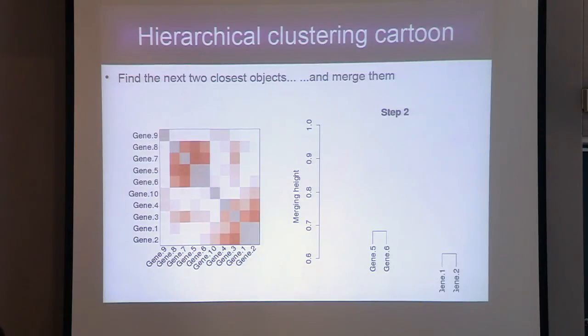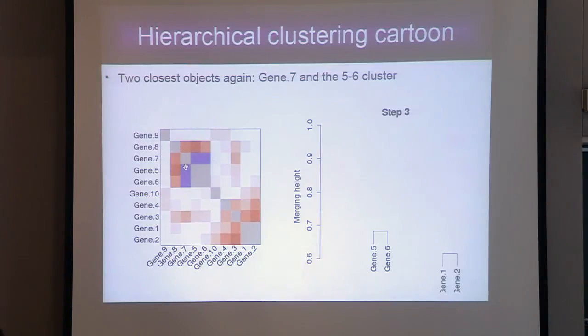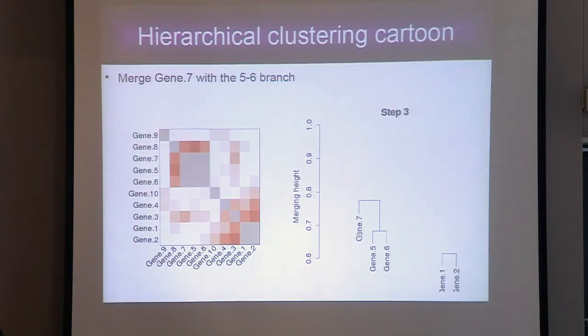In the next step, we again find the two closest objects, which are either single objects or composite objects. The shortest distance now turns out to be between gene 7 and this composite object that has gene 5 and 6. So we merge them. We add gene 7 to gene 5 and gene 6.